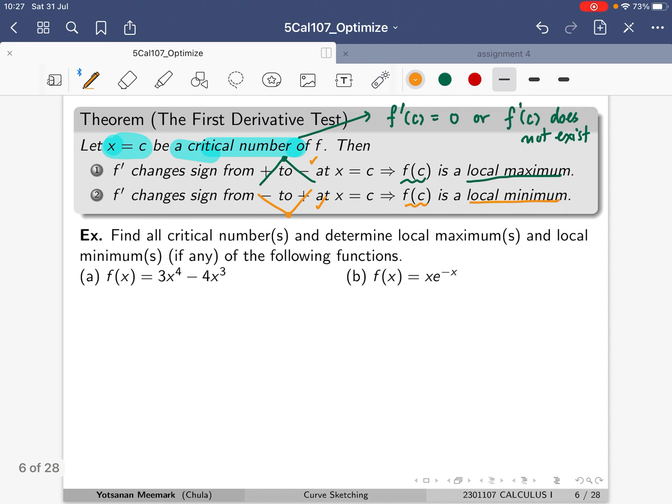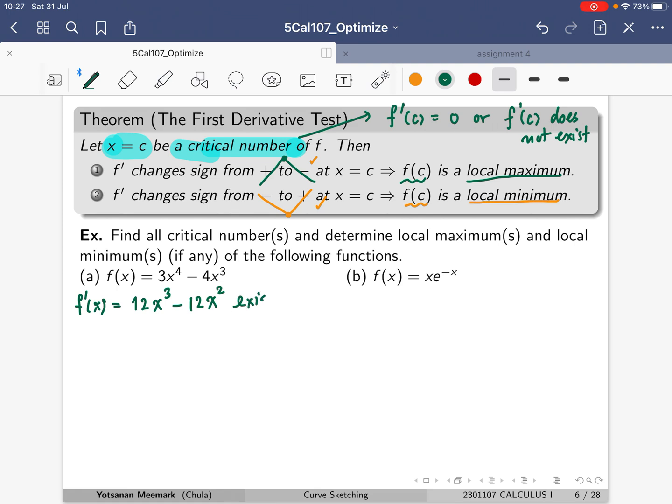If you want to find a critical number and also determine a local max and a local min of all these functions, first you need to find your f prime. Your f prime is 12x cubed minus 12x squared. This one is just a polynomial, right?